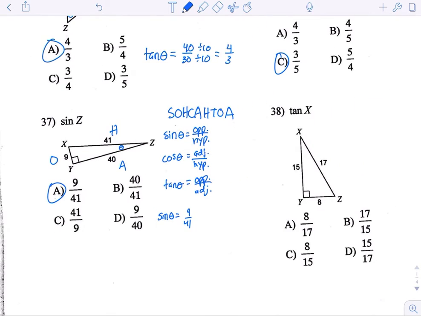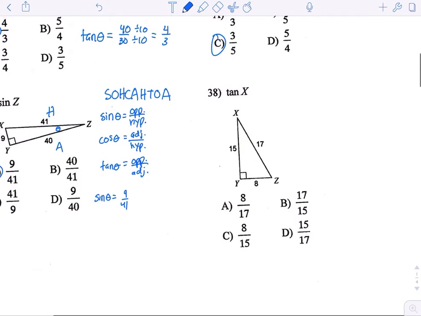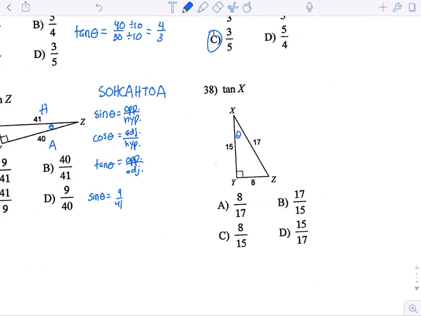A. And then for this one, tan x is this one. So opposite to that is here, adjacent and hypotenuse. So remember, tangent uses TOA, opposite and adjacent. So tan of theta, or x, is equal to 8 over 15. So you guys are gonna have to be very good at using your ratios, okay?